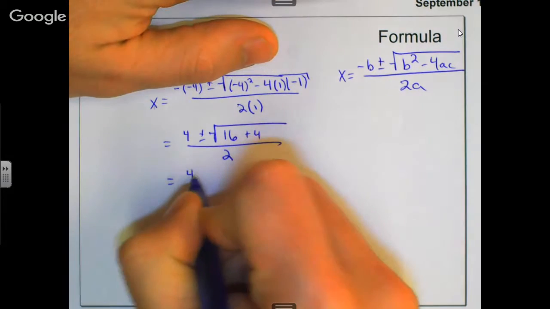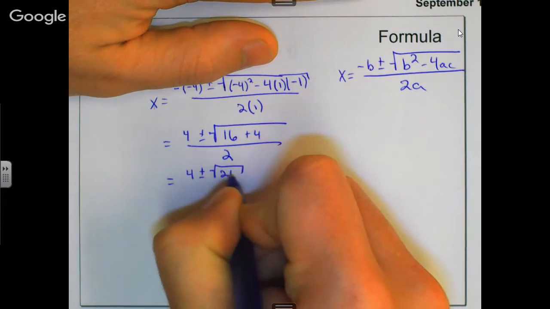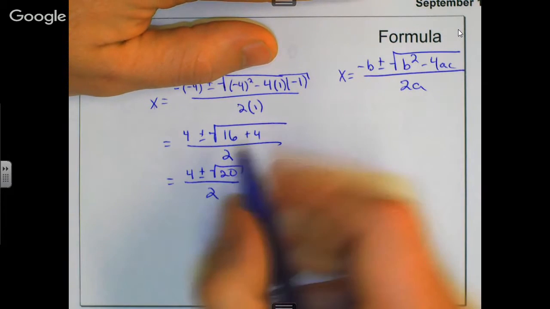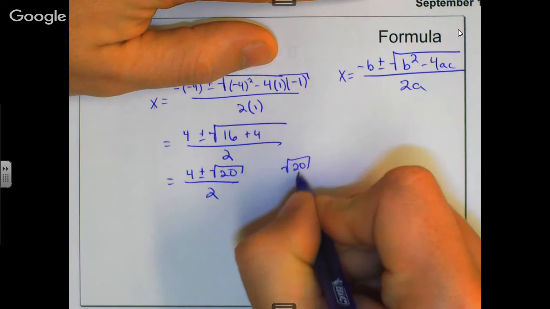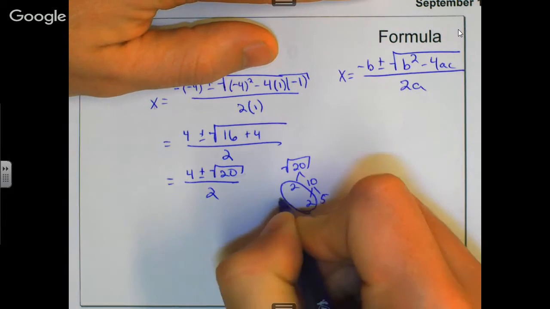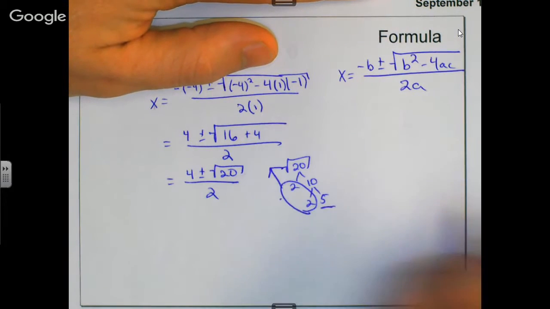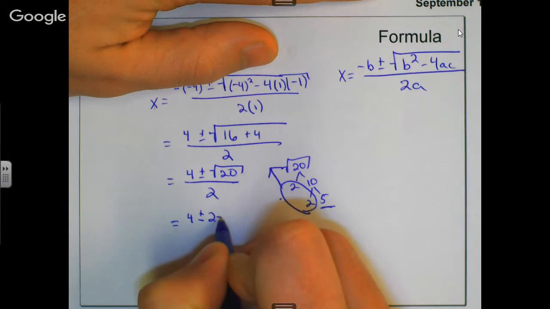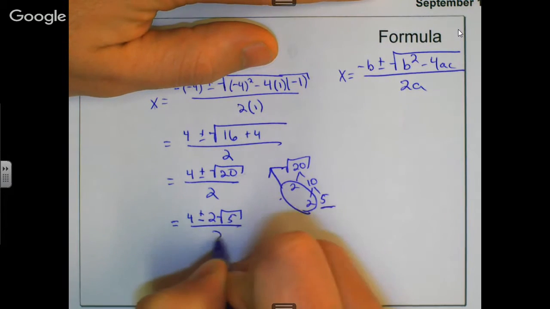So 4 plus or minus the square root of 20 over 2. Now I should notice that I can break down the square root of 20. That's 2 and 10, 2 and 5. So there's the group. So that comes out front, and the 5 stays underneath. So you have 4 plus or minus 2 radical 5 over 2.